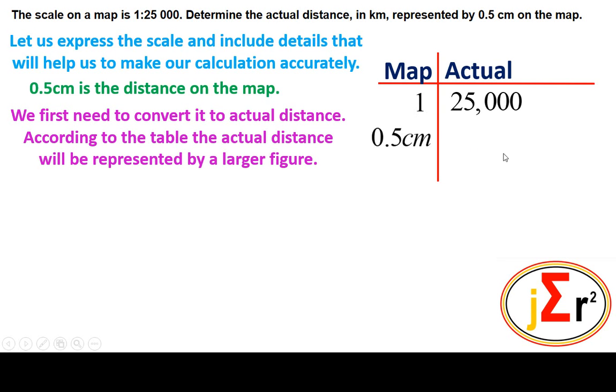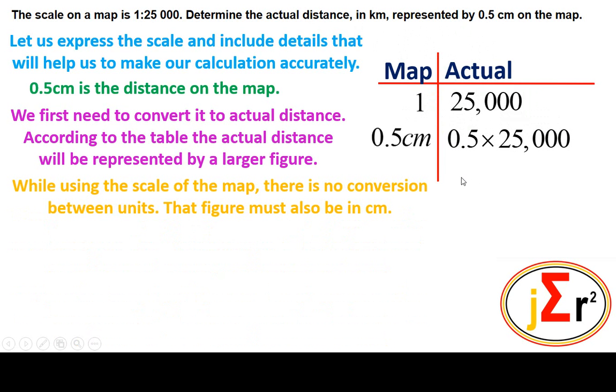So it is 25,000 times, as we can see that this is 1 and this is 25,000. So the actual distance is 25,000 times the distance on the map. Therefore, we'll take the distance on the map and multiply it by 25,000 in order to find the actual distance.